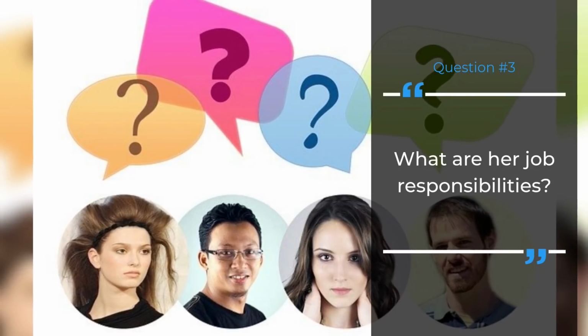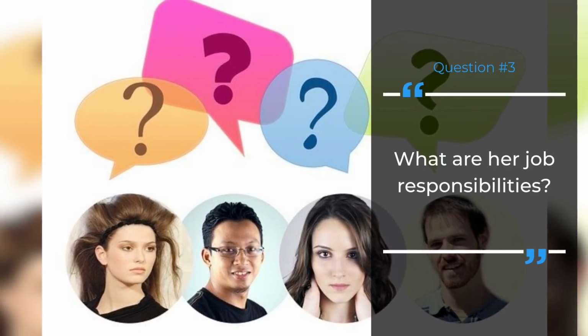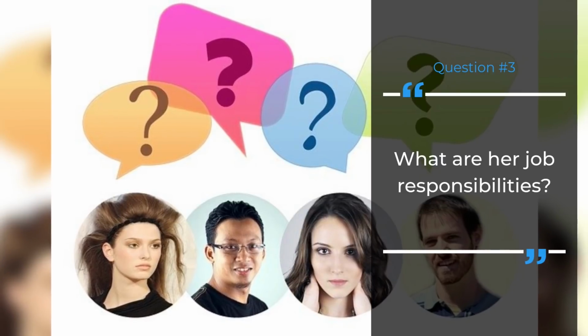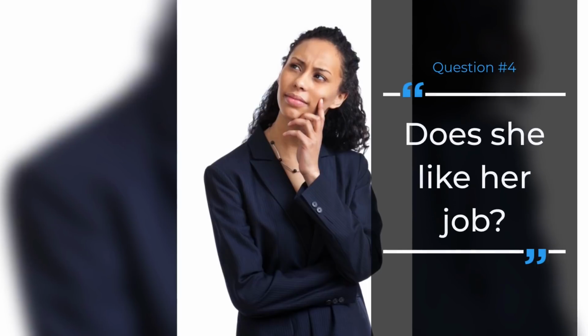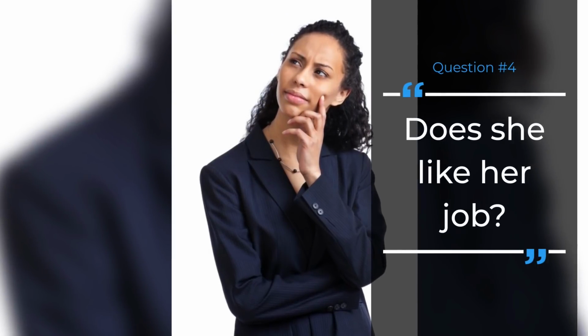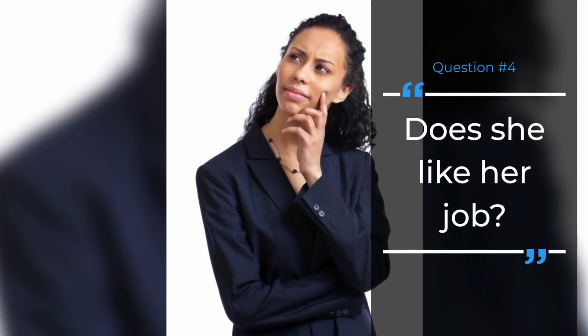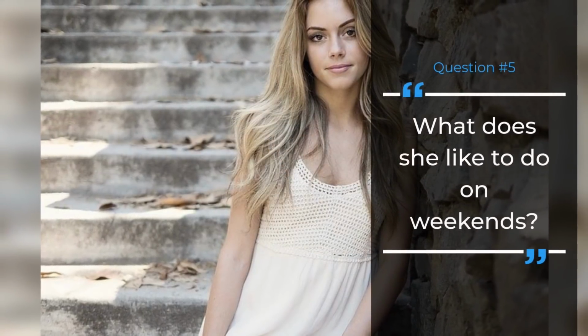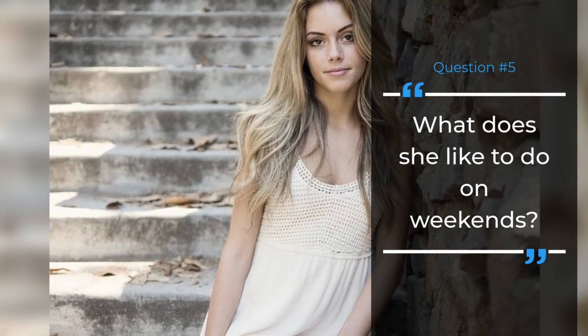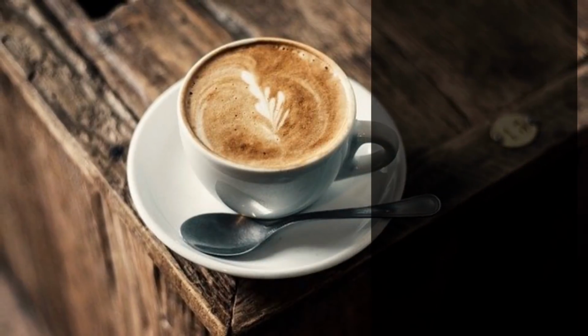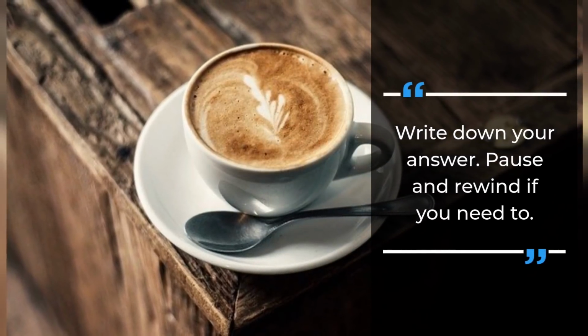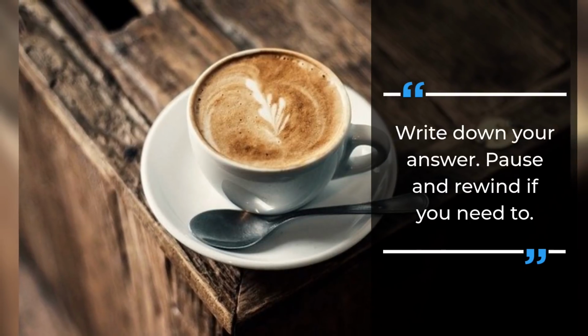What are her job responsibilities? Question number 4. Does she like her job? And question number 5. What does she like to do on weekends? Write down your answer, pause and rewind the video if you need to.